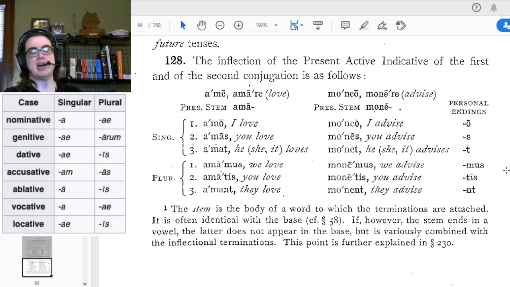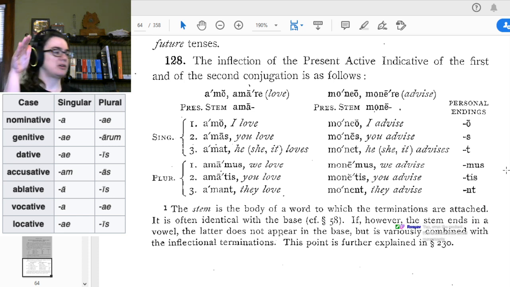Right, when vowel meets vowel, something usually changes. The vowel sound usually shifts when a vowel meets a vowel. We see that in language all the time. So it's not too bad, hopefully. And in this case, with ama plus o, it just becomes amo. Done.